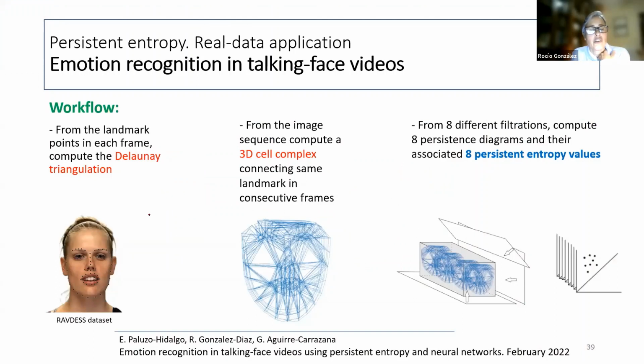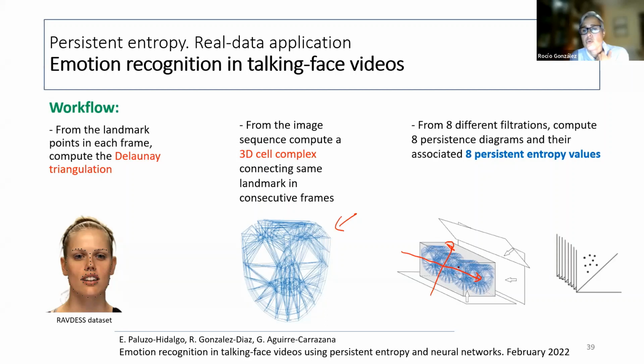We use the landmarks of the faces in each frame to compute the Delaunay triangulation. From the Delaunay triangulation in each frame, we connect the corresponding landmark points to obtain a 3D cell complex. Then the filtrations are considered following different directions, so we order the cells following different directions.